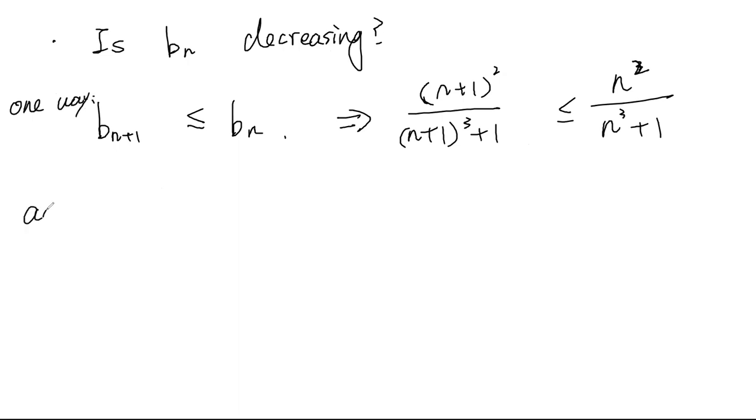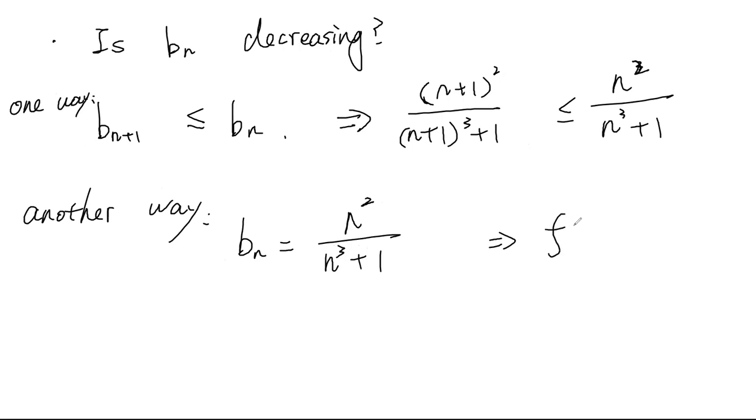Another way is that we can consider Bn as a sequence, and consider the corresponding function of it, which means you consider f of x, where you replace all the n with x. So you get f of x equal to x squared divided by x cubed plus 1.